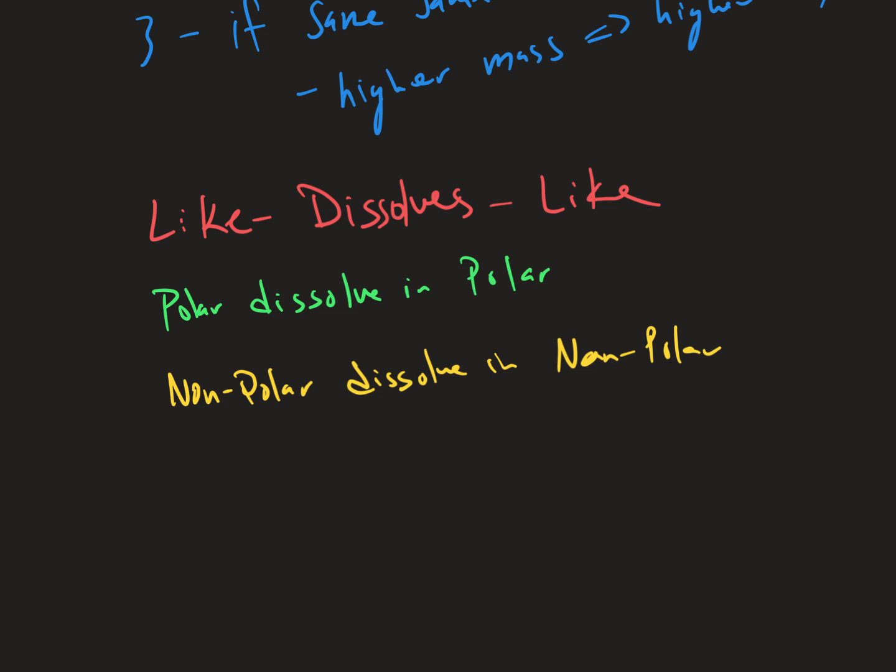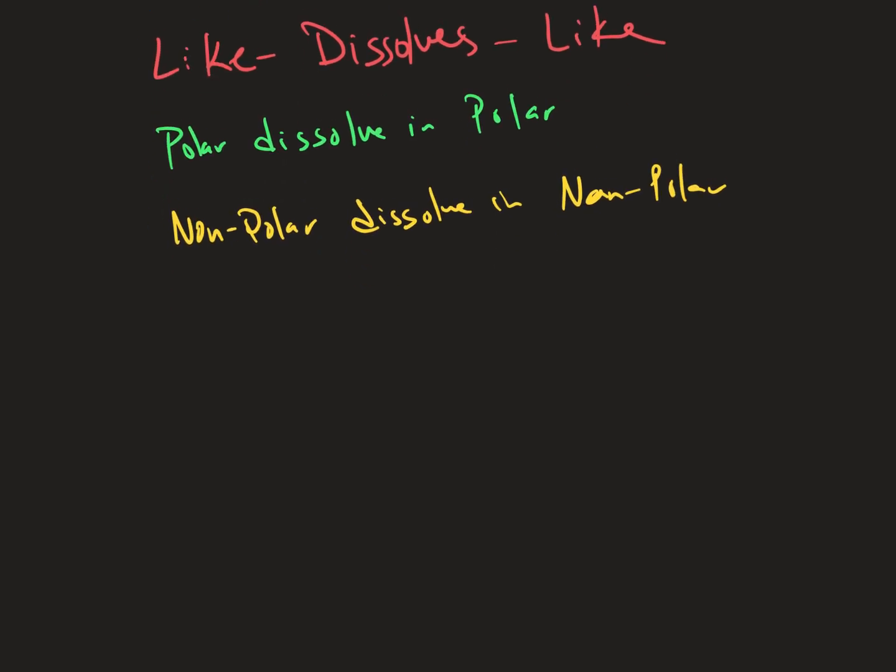So what about water? Water is what kind of compound? Polar. So what kind of compound is oil? Nonpolar. It has to be nonpolar. We know it doesn't mix, right? In fact, oil and water is said to be what? Immiscible. You guys ever heard of that word?